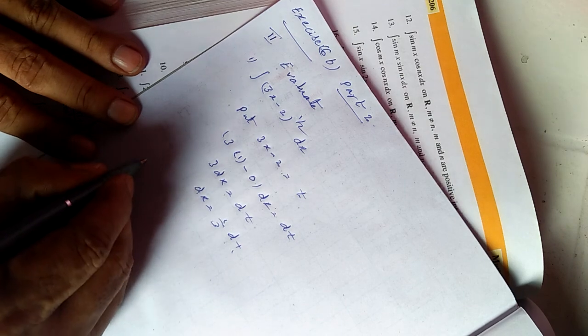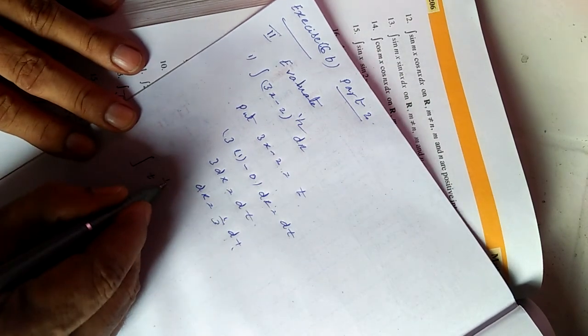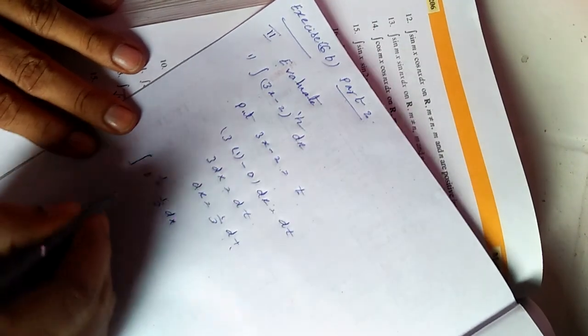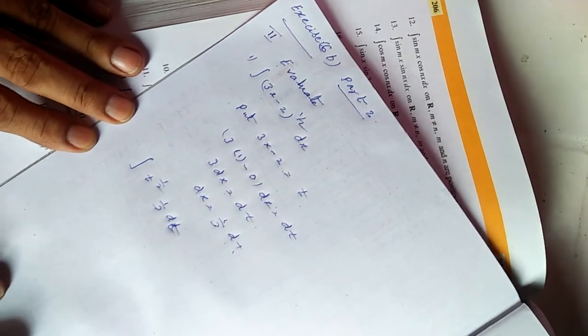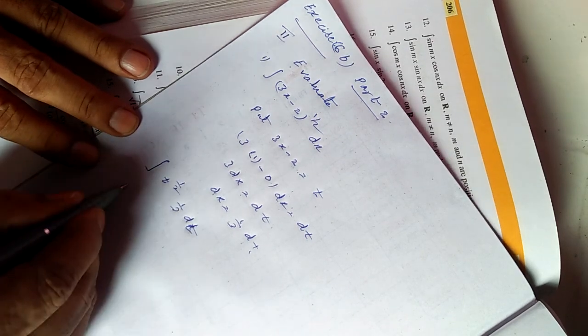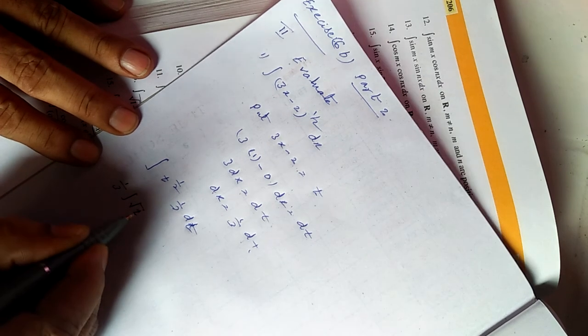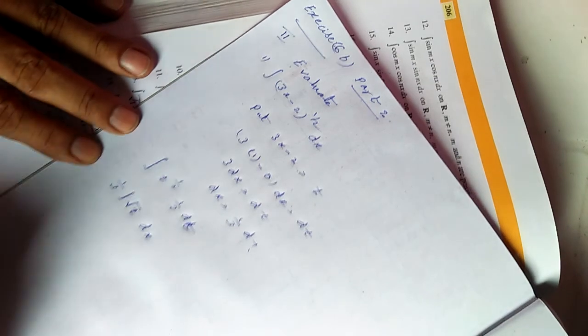Put in that equation: integration t power half, 1 by 3 dt. Take the 1 by 3 outside, integration of t power half, which means root of t dt. What is that formula?